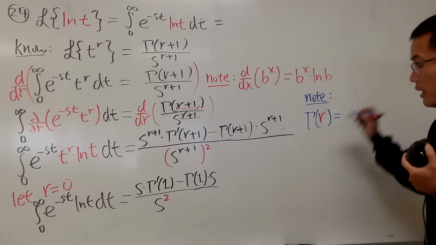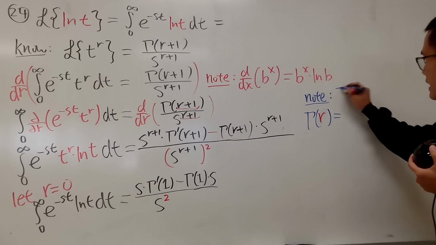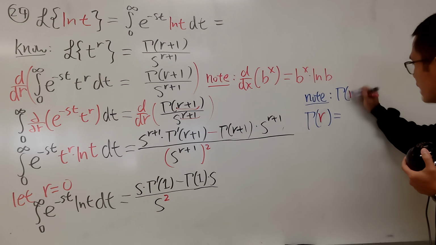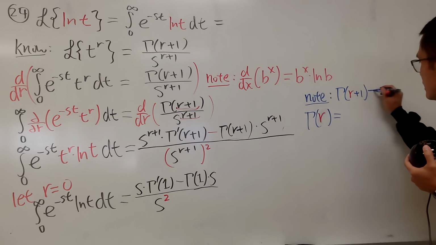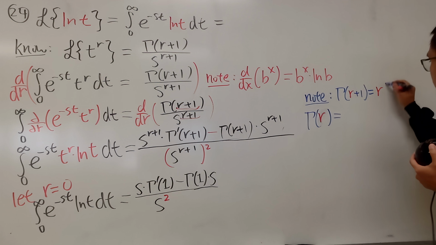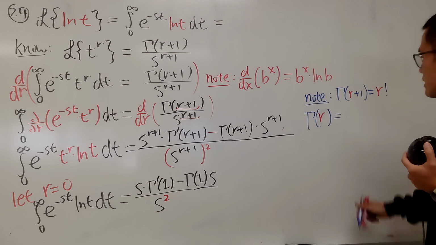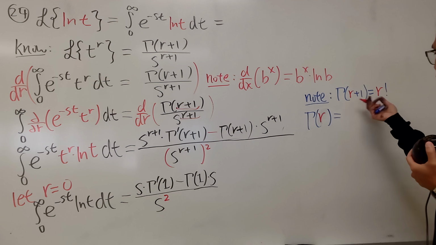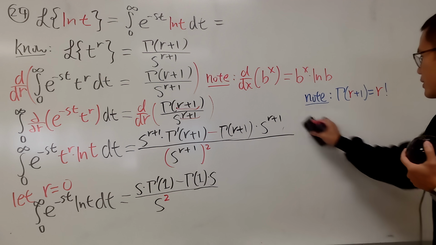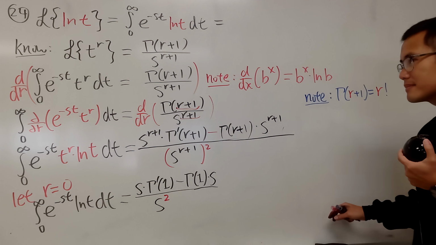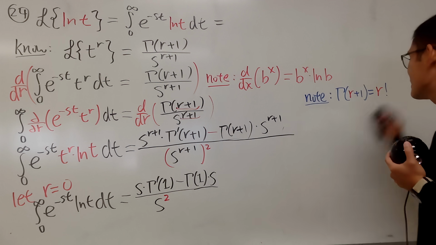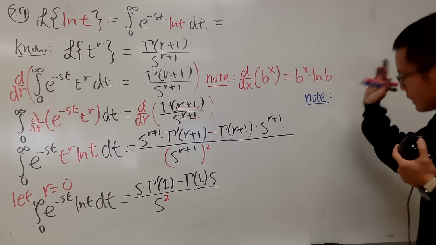Earlier though, we said gamma of r plus 1 is equal to r factorial, right? And you can see that I can just put 0 into that, so let's do this first.